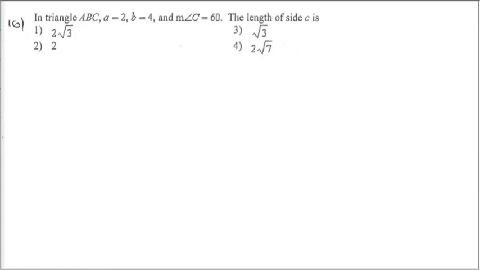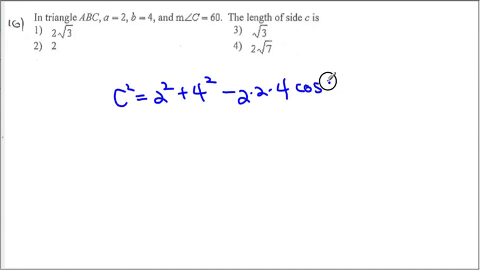Same idea here. We have c squared is equal to 2 squared plus 4 squared minus 2 times 2 times 4 times cosine of 60 degrees. Cosine of 60 degrees is positive 1/2, so that can cancel out with this one.